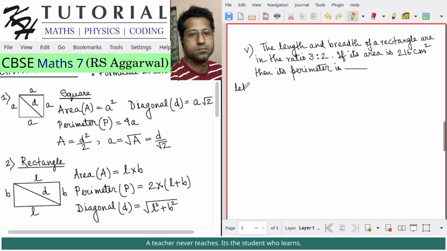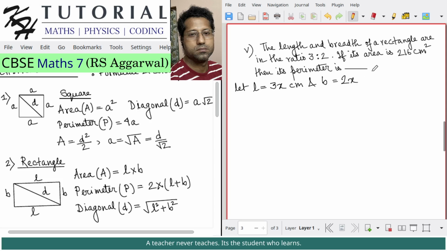So let L, that is the length of the rectangle, be 3x centimeter. Since the area is given in centimeter square, we must assume the unit of length and breadth to be in centimeter. So let L be 3x centimeter and breadth to be 2x centimeter.